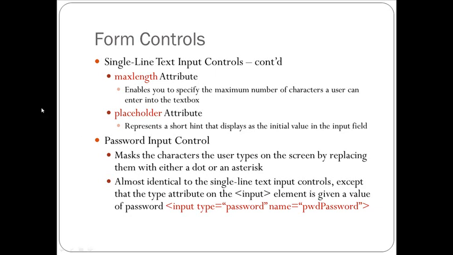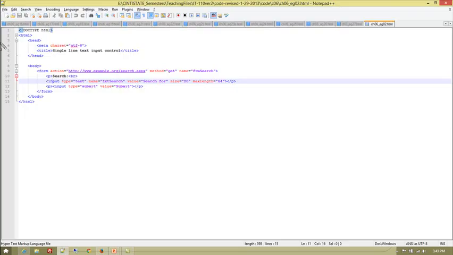This enables you to control how many characters would actually be allowed to be typed in. And then you have a placeholder attribute, which is new with HTML5, but it represents a short hint that displays as the initial value. So in this sample we had maxlength in it, which would control it so that it would only allow 64 characters in there.